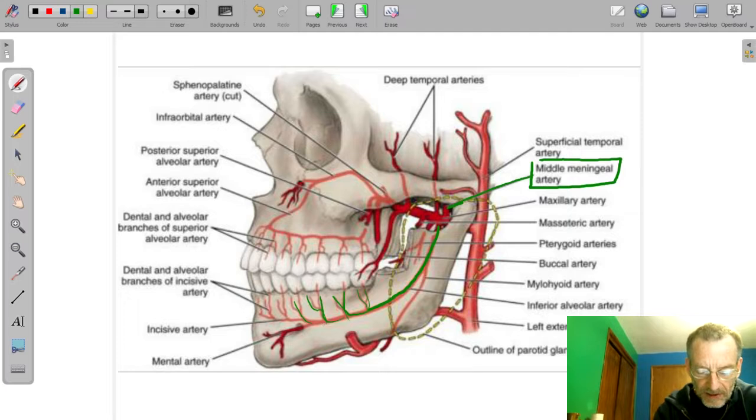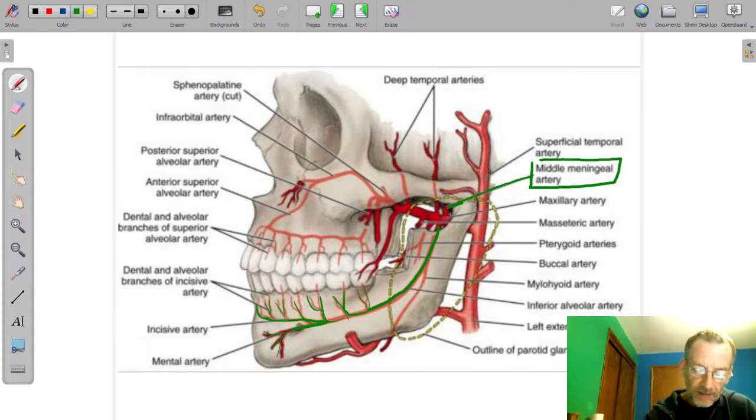A branch exits through the mental foramen and becomes the mental artery and supplies tissues of the mental region. The other branch continues on as the incisive branch. The incisive is again only in the mandibular jaw, the lower jaw.